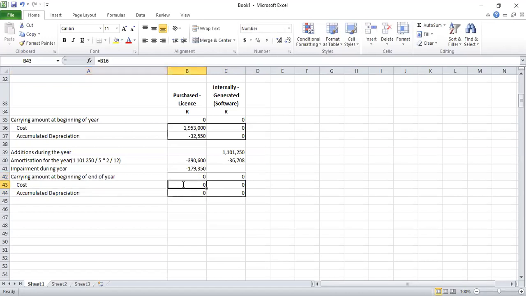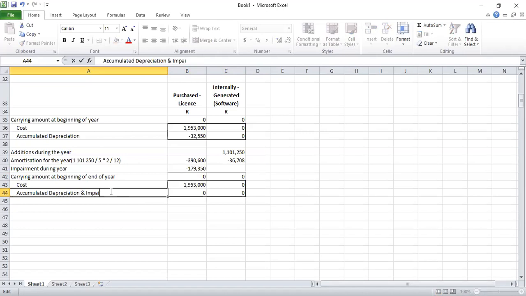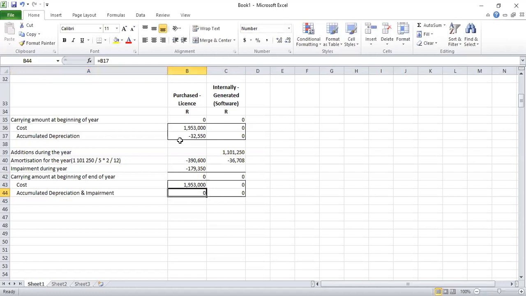The cost is 1953. Then this one is accumulated depreciation and impairment, because there is impairment here on one of the assets. So to get our accumulated depreciation and impairment, we add the one at the beginning plus these ones for this year. So to say this is equal to this.